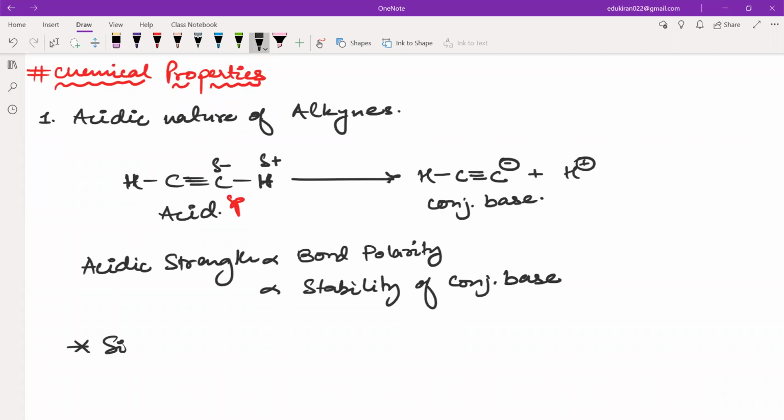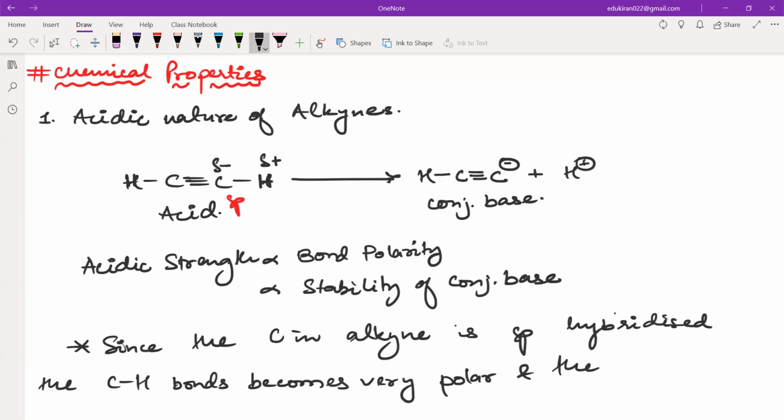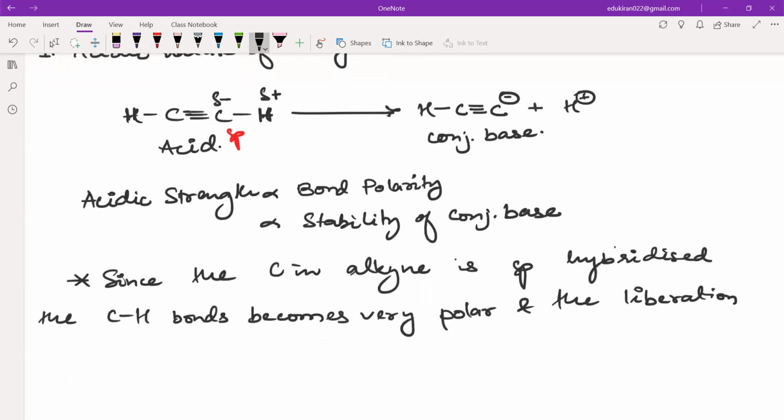So since the carbon in alkyne is sp hybridized, the CH bond becomes very polar, and the liberation of H plus is easier.